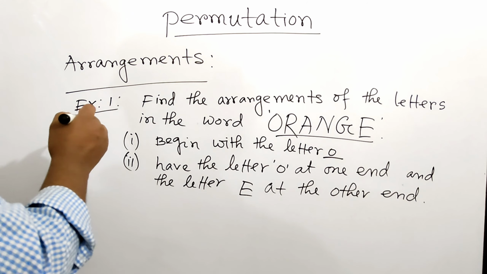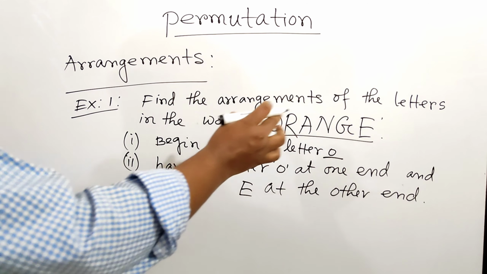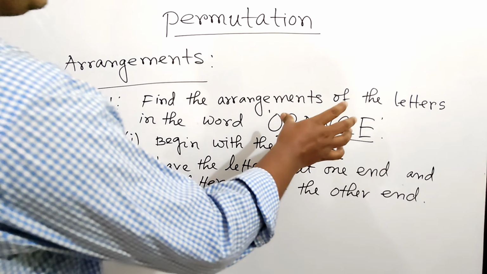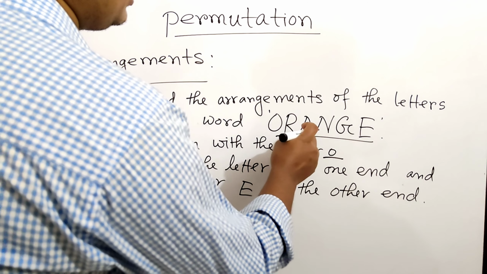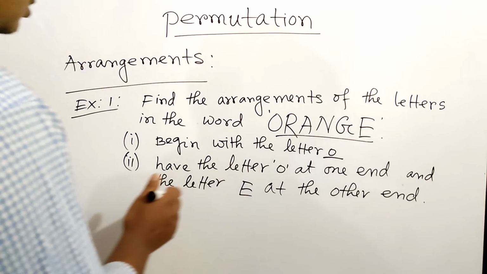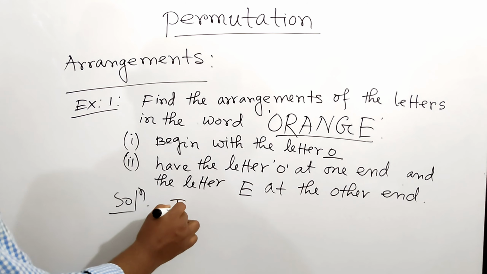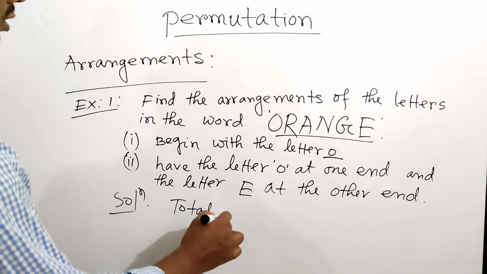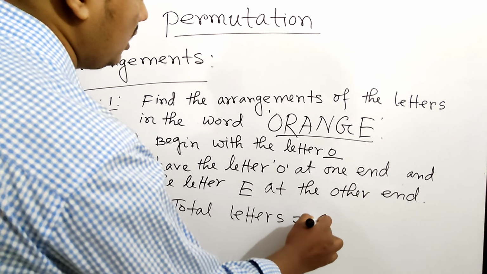Okay, now I'll try to solve this question. First, in how many ways can you arrange this word, that is orange. So first look at how many letters are in this given word. 1 2 3 4 5 6. So here total letters equal 6.